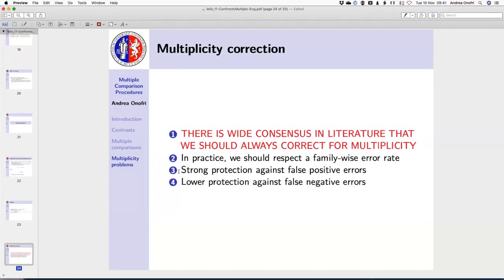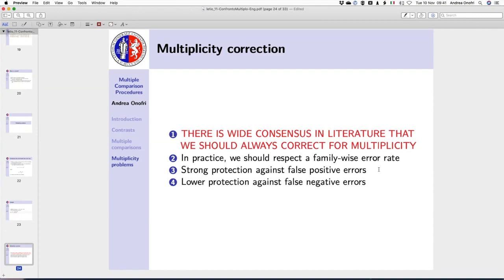But please consider that if we increase our protection against false positive errors, at the same time, we decrease our protection against false negative errors. So we are less likely to commit false positive errors, but we are more likely to commit false negative errors. This is important because we need to keep such a balance into consideration.